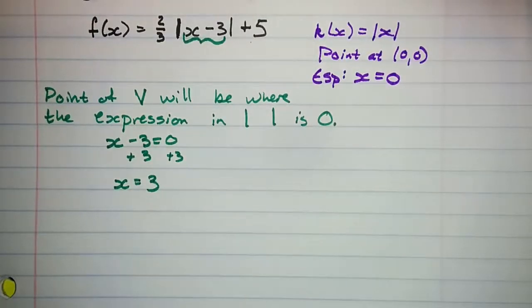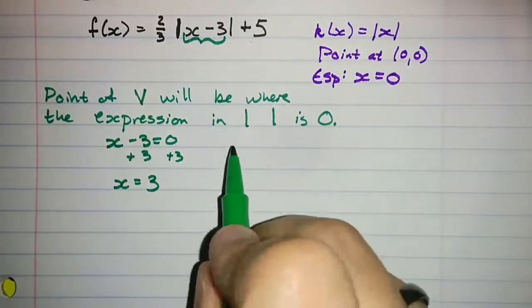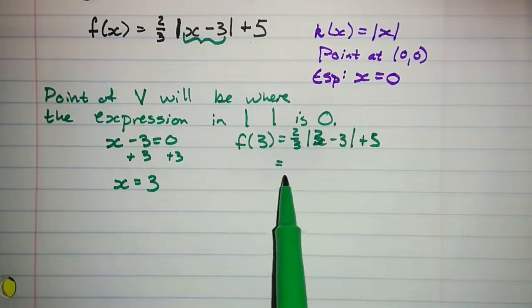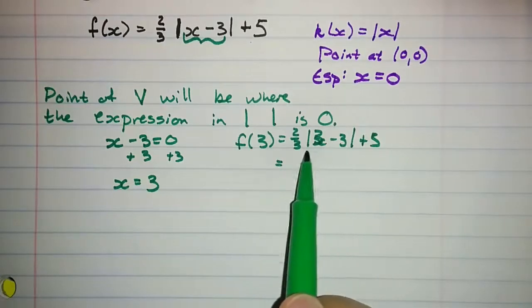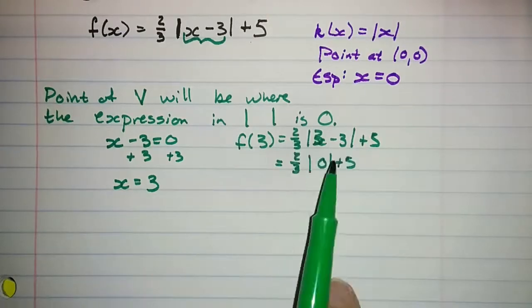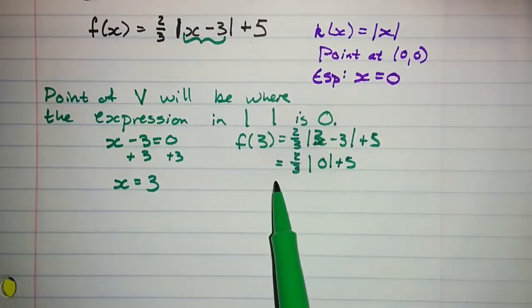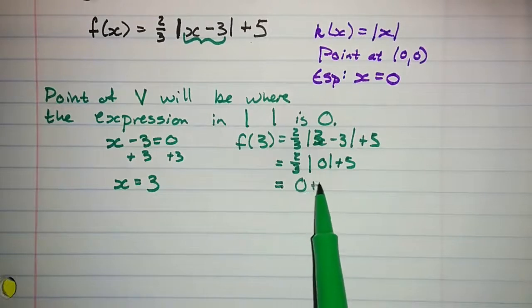How do I find the y-coordinate of that point? I just plug in. But I don't really even need to do that, do I? I'll have 3 minus 3 in my absolute value sign here, which I will always have if I chose the right x. The absolute value of 0 is 0. Multiplying by 0 gets me 0.